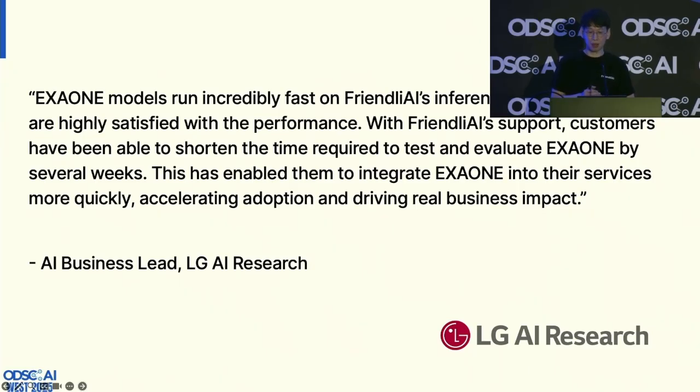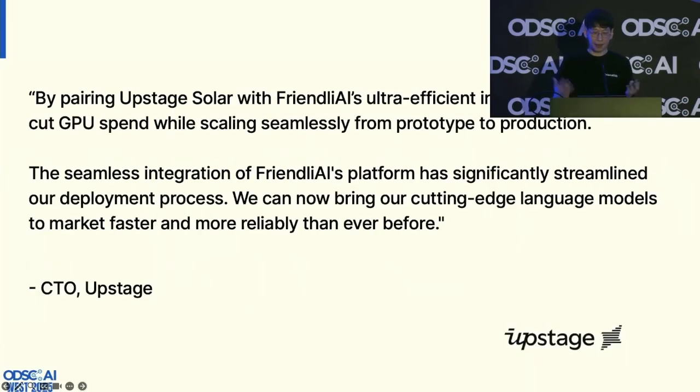They really like our platform speed, quick time to market, and our support. Upstage is another example. Upstage is a startup providing services like document understanding using their Solar foundation model. The models run on Friendly AI. They are again happy with reliability, speed, cost reduction, and quick time to market of Friendly.